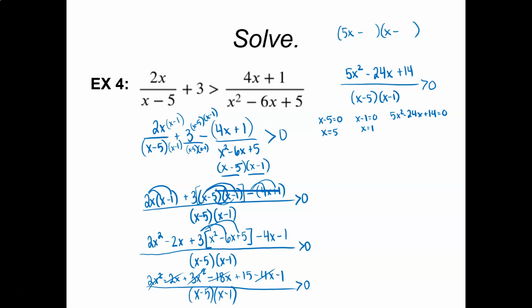I could complete the square or use the quadratic formula. Either one of those will work here. Let's just go with the quadratic formula, mostly because I would have to divide off that 5, and it's not going to go evenly if I complete the square. So things are going to get messy.